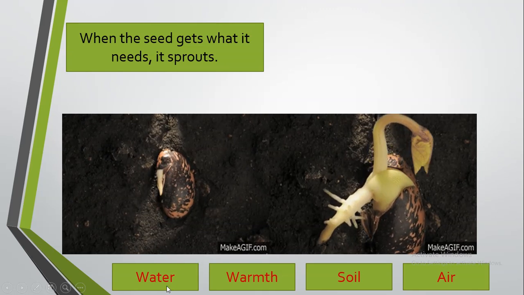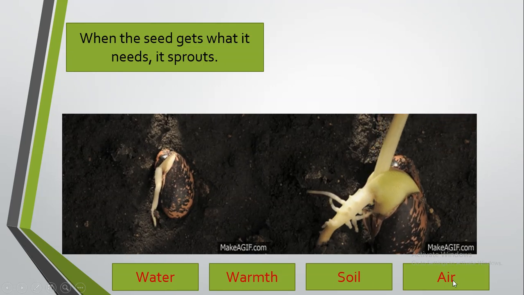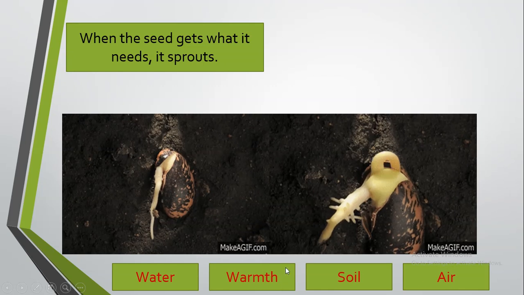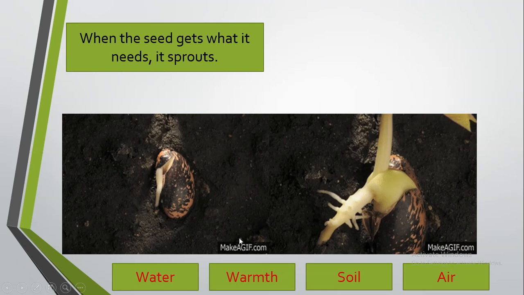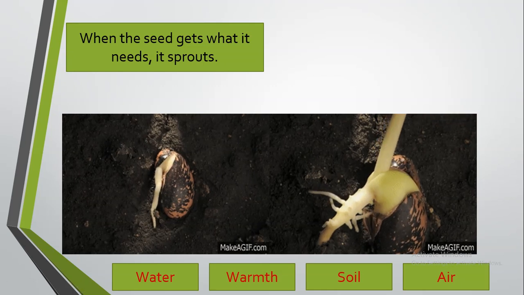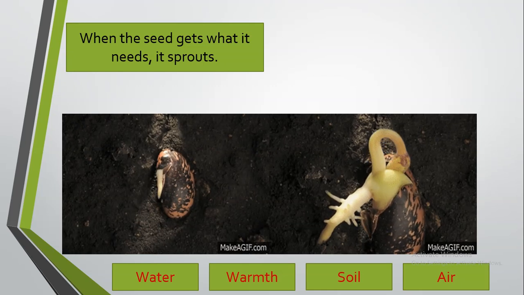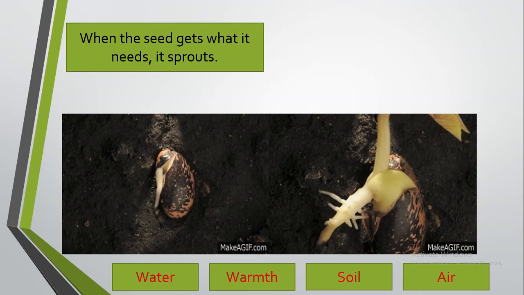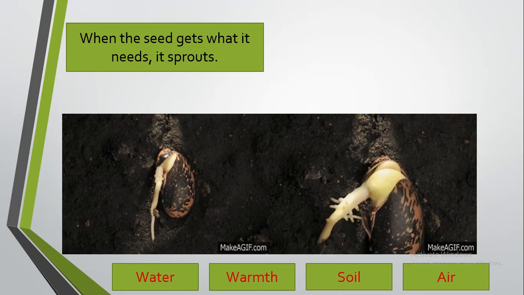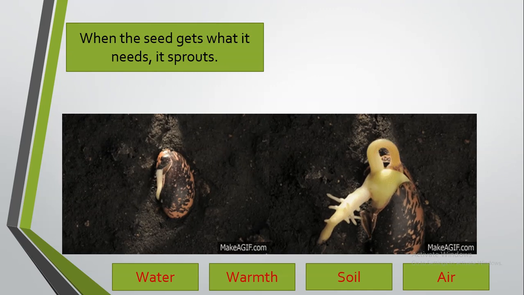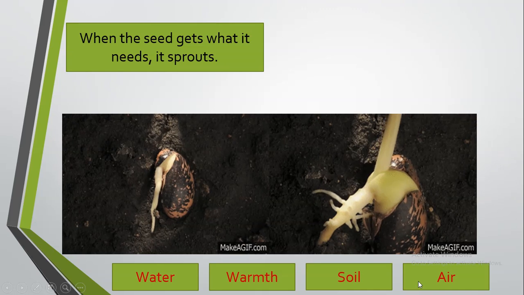Warmth means the right temperature. As you know, when it's so cold, the seeds die because of the low temperature, right? So seeds need warmth in order to sprout. Water, warmth, soil, and air.